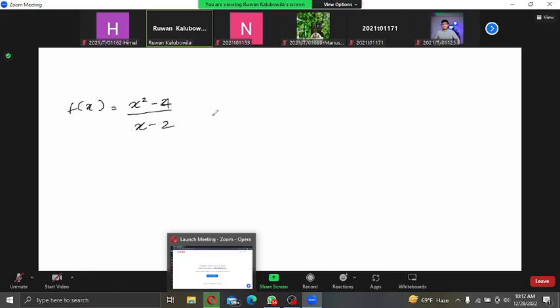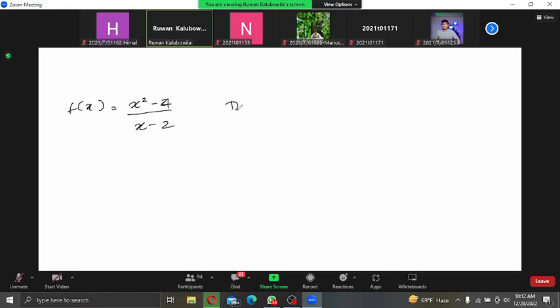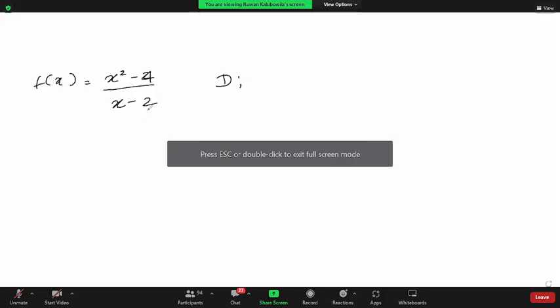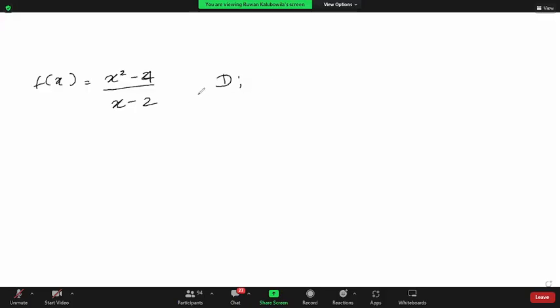So here we can see, when we consider the domain, or when we write down the domain, we have domain issues here, because the denominator, at x equal to positive 2, goes to 0 here. So we have to think about this, because we cannot apply the number 2 to this function as a domain.